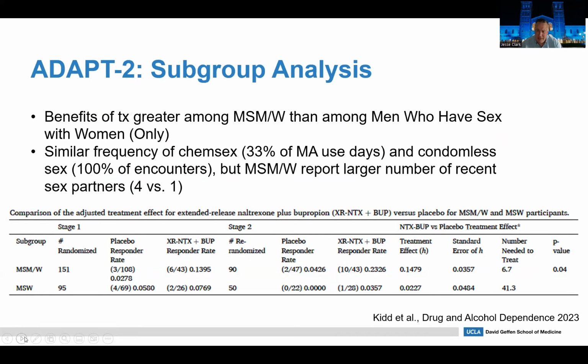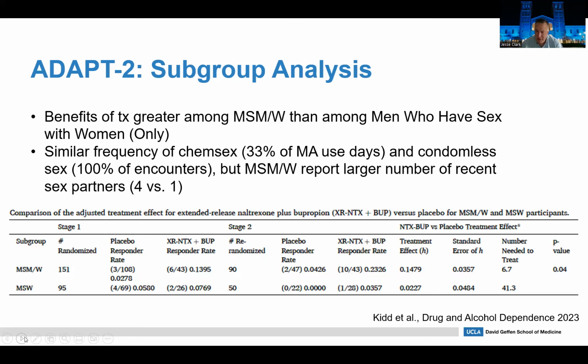And interestingly, Jeremy Kidd did a post hoc subgroup analysis of the data and found that the benefits of treatment were greater among men who reported sex with other men and/or women than among men who reported sex only with cis women. There was a similar frequency of chemsex between the two groups. Both reported using meth and engaging in sex on about 33% of their meth use days.